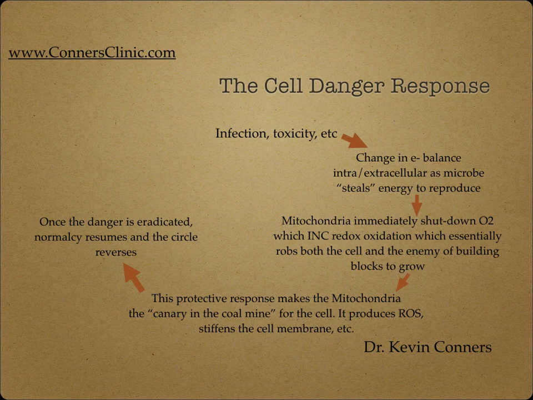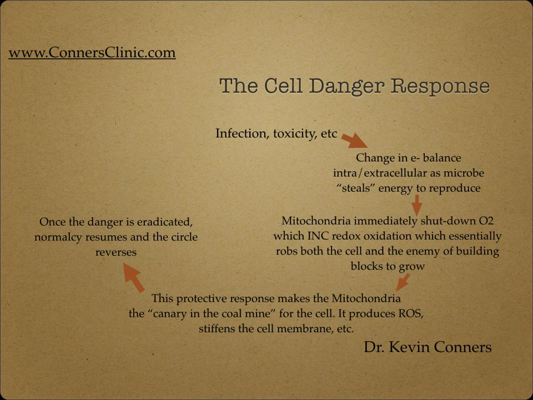So again, an infection, a toxicity, a chronic over-exercising, a chronic injury, is it going to change the electron balance, change the chemical balance, extracellular, as our body is trying to fight this disease?